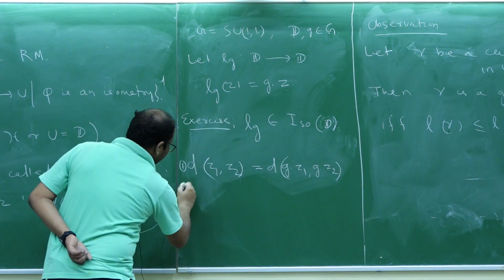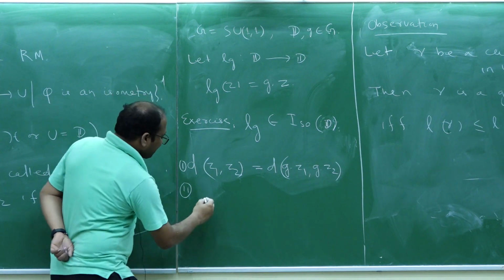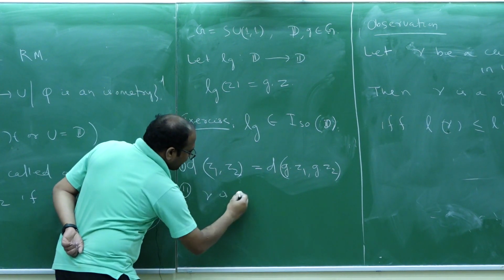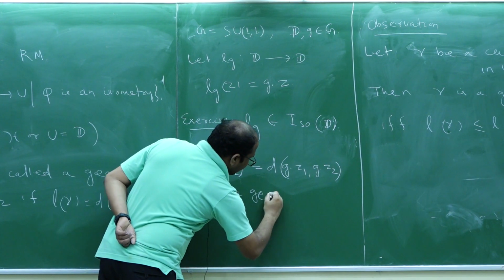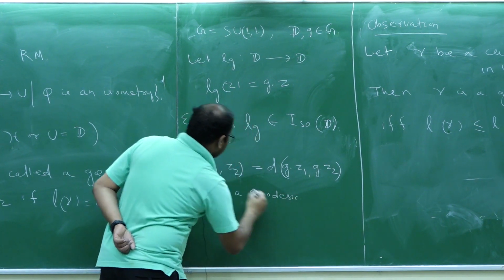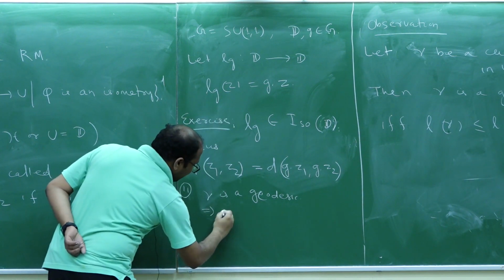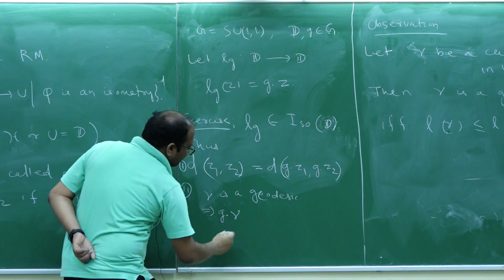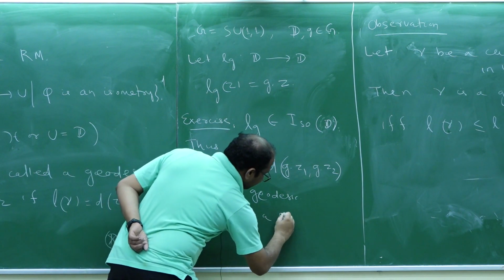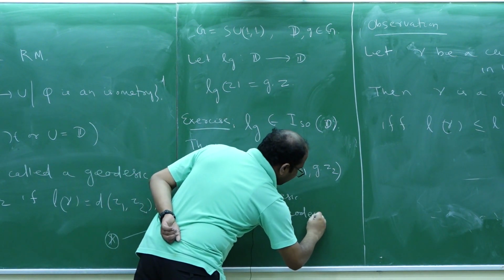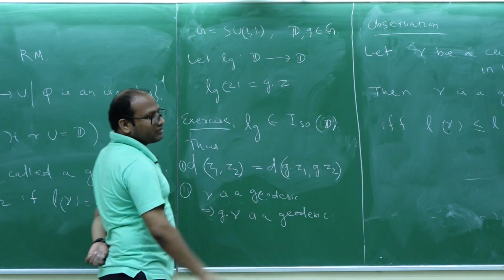And the second thing is, if gamma is a geodesic and you apply g dot gamma, that is also a geodesic, because these L_g are simply isometries.